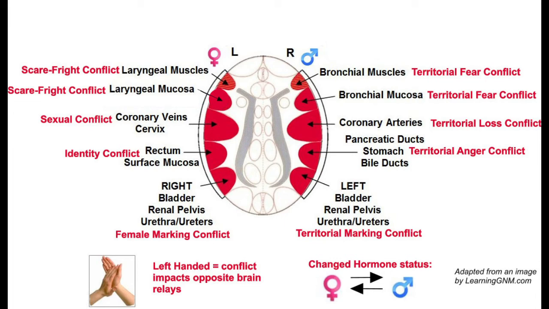In these circumstances, we will effectively change sex in terms of conflicts. So this means a pregnant woman will become more territorial, and an elderly man will experience female conflicts instead of male. If the person is left-handed, the opposite control centre is impacted by the conflict.